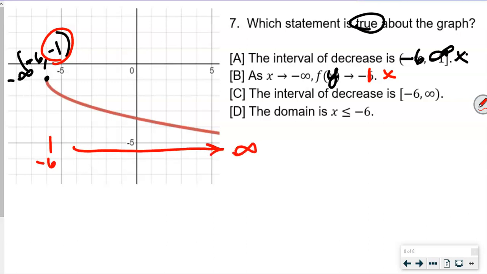Infinity, right? So that is our true statement right there. And then the last one, let's just check it. The domain is that x is less than, is that a true statement? Look where our arrow is. This should be greater than, right? Because the arrow's pointed to the right, that should be pointed to the right, okay? So that is also false.